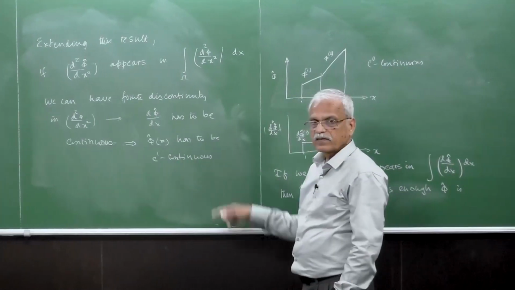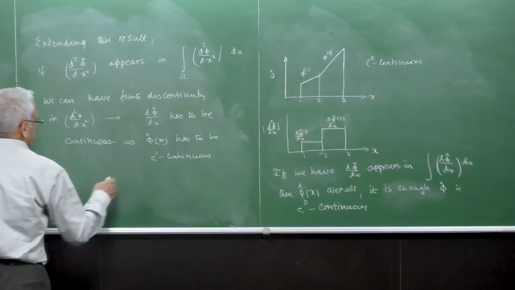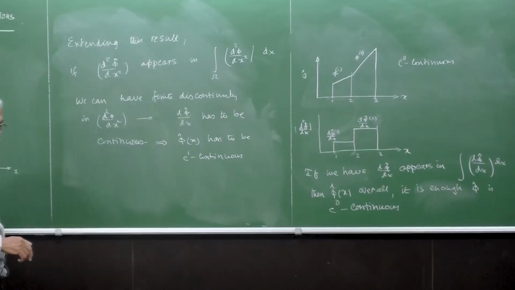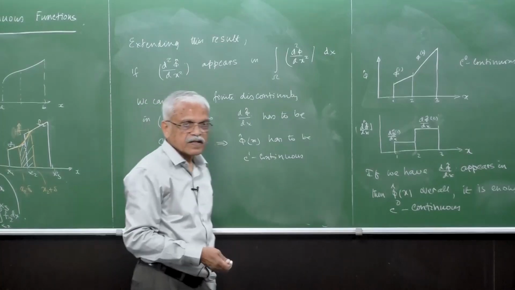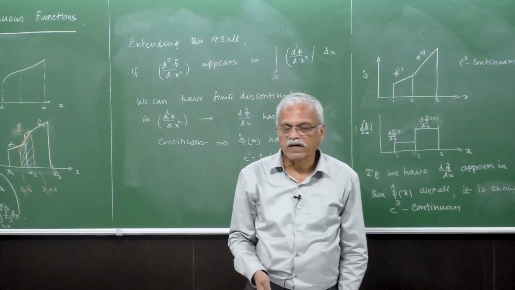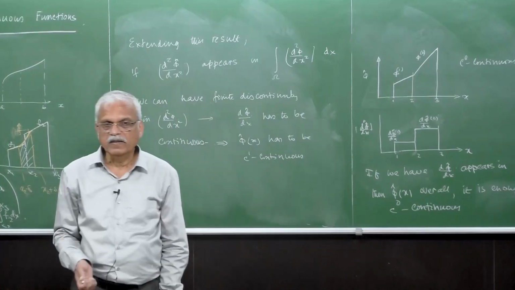So if you have d² appearing in the integrand, then d² can be allowed to have a discontinuity, which means that dφ/dx should be continuous.